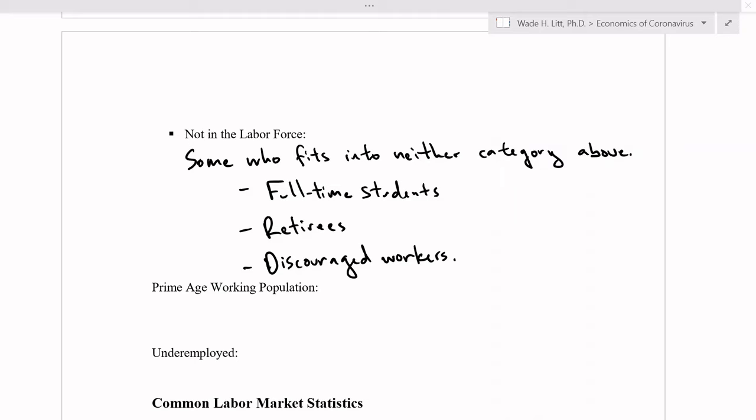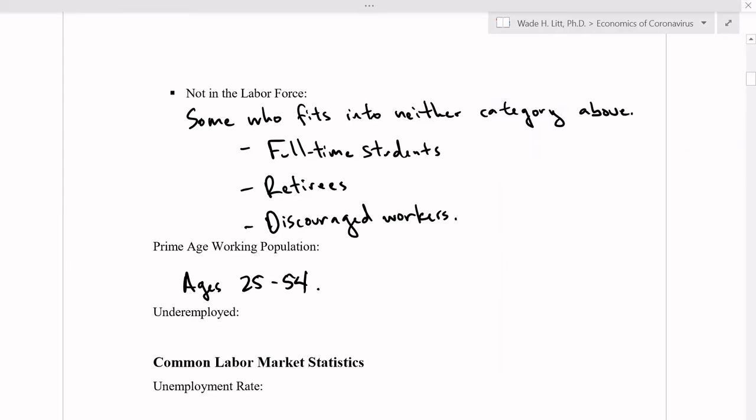So these are just people from ages 25 to 54. Okay, then this is essentially to look at just the people who are not likely to be full-time students, not likely to be retirees, and that can give you kind of an even better picture of labor market health.